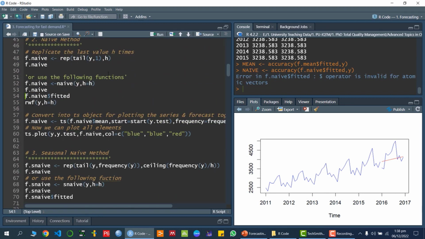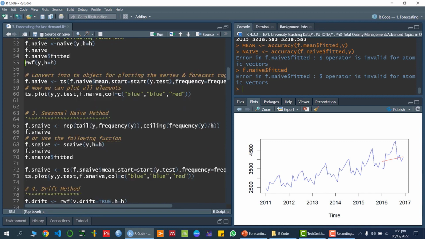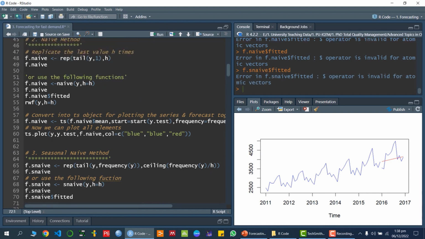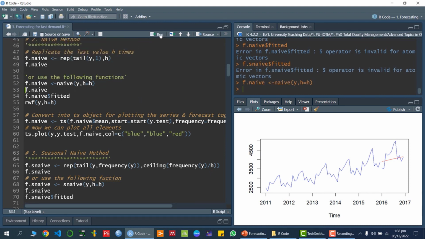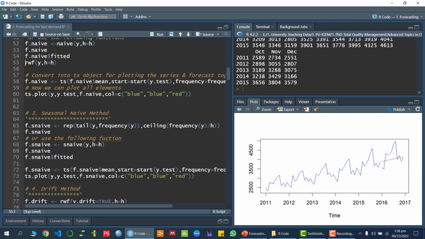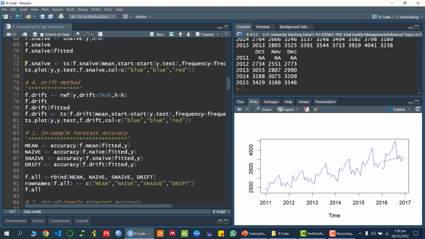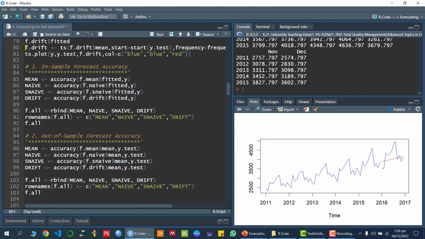This is the naive fitted values, this is again the seasonal naive fitted value. Let me run this again. Now we are getting the fitted values. I'm running this one.